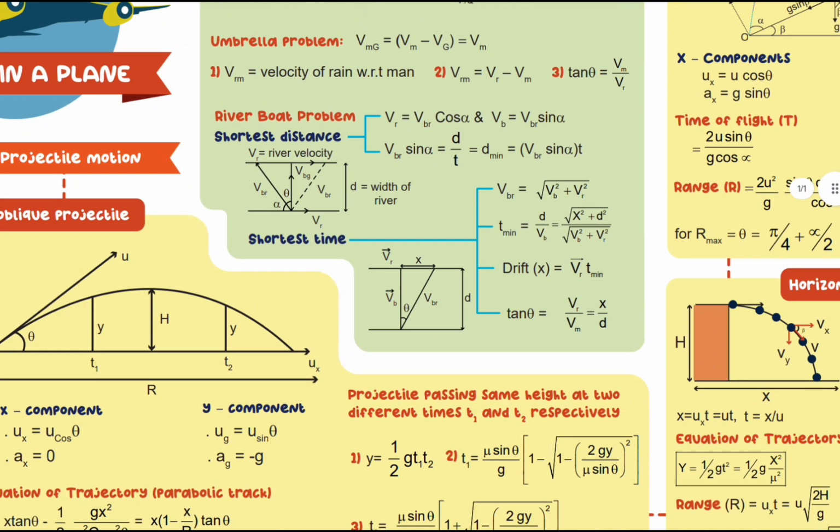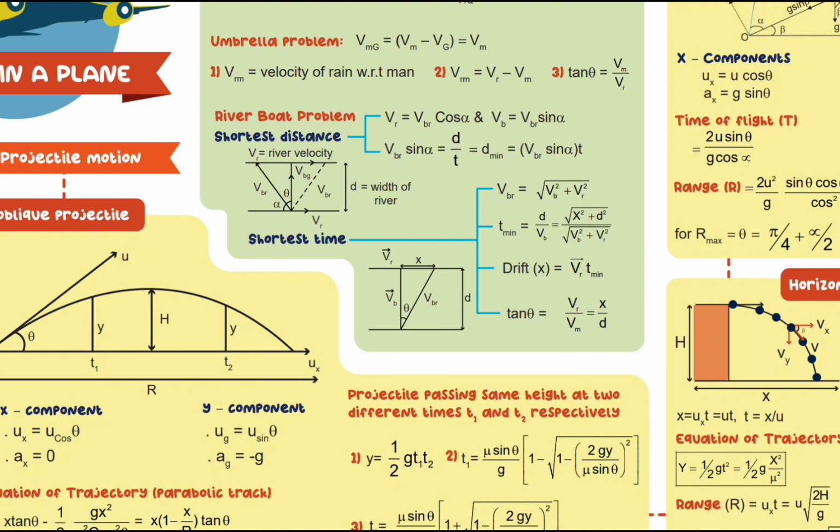Riverboat problem, shortest distance: Vr equal to Vbr cos alpha and Vb equal to Vbr sin alpha. Vbr sin alpha equal to distance by time, so minimum distance is equal to Vbr sin alpha into t.